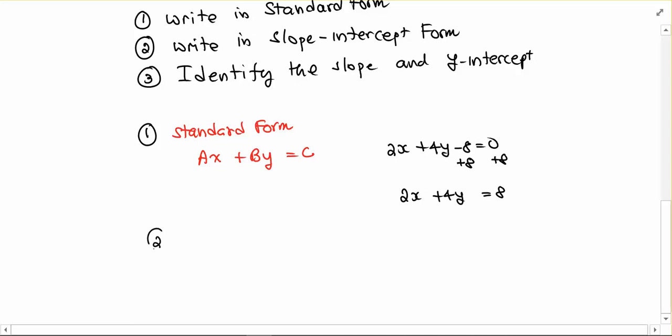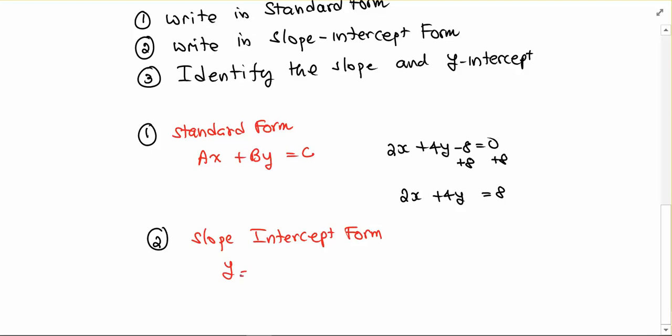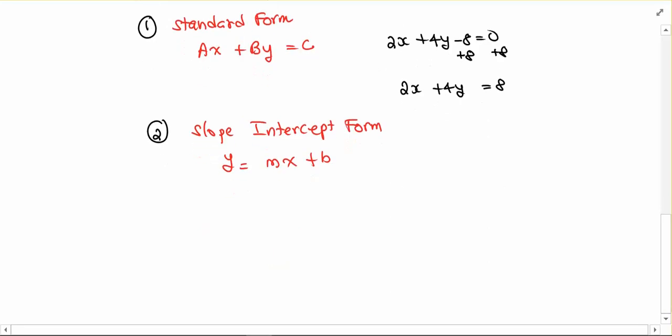2. Slope-intercept form. So that is y equals mx plus b. So in other words, you have to solve for y. We've done this before, so it's no big deal.